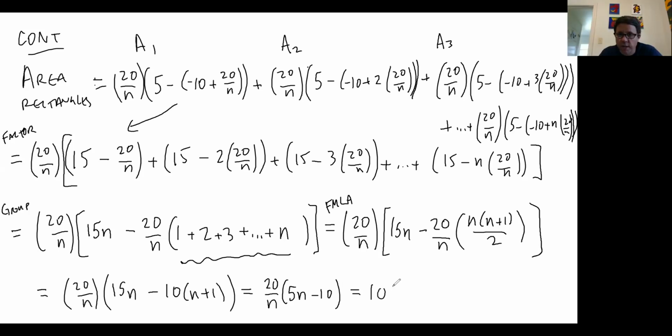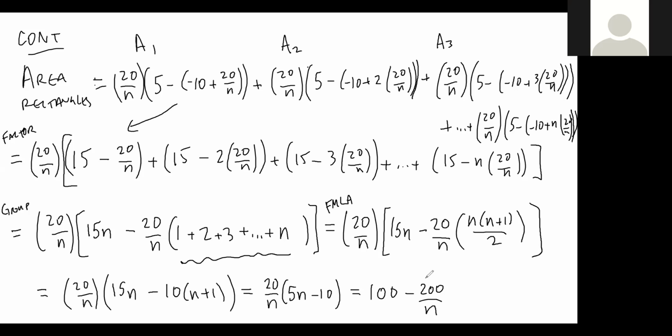Then I can cancel the n's, and I get 100. For this one, if I multiply 20 over n and distribute here, I'll have 20 times 10, which is 200 on the top, and n on the bottom. And that's the end of part A.